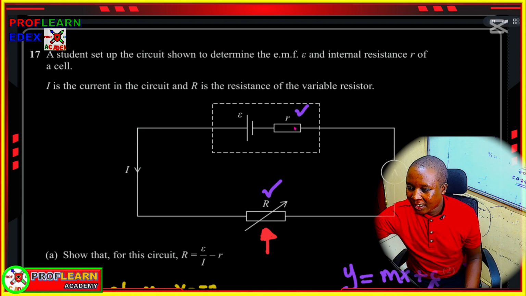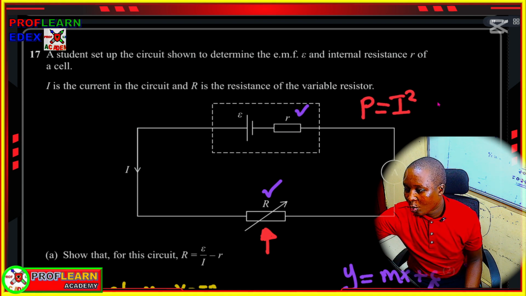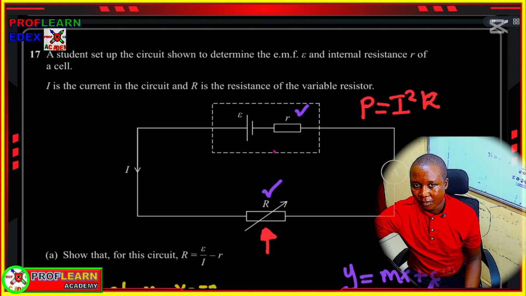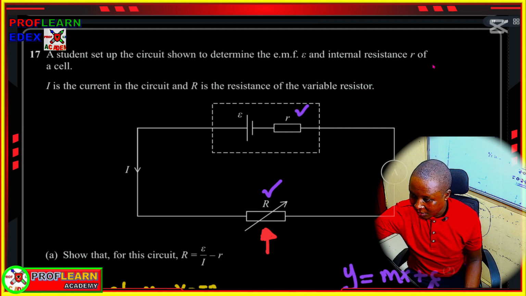Since this resistance here is constant, and we know that power dissipated is I squared R, then if the current goes down, the power dissipated across the internal resistor is also going to decrease.